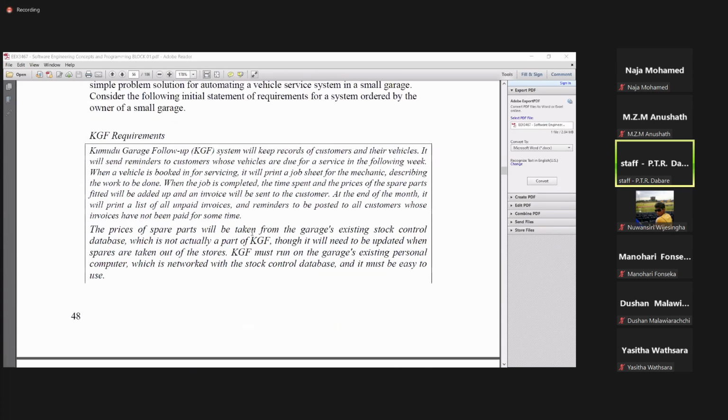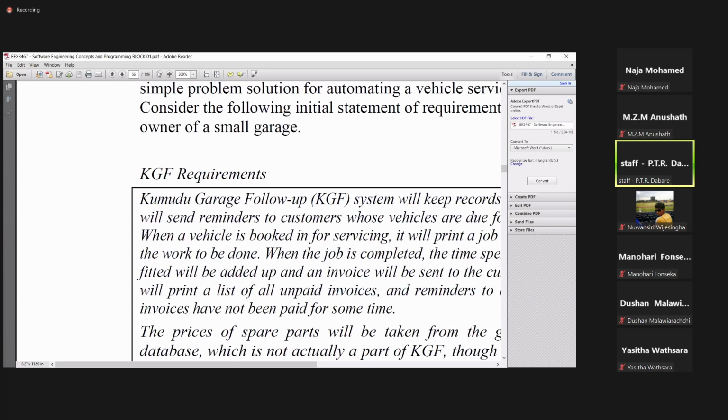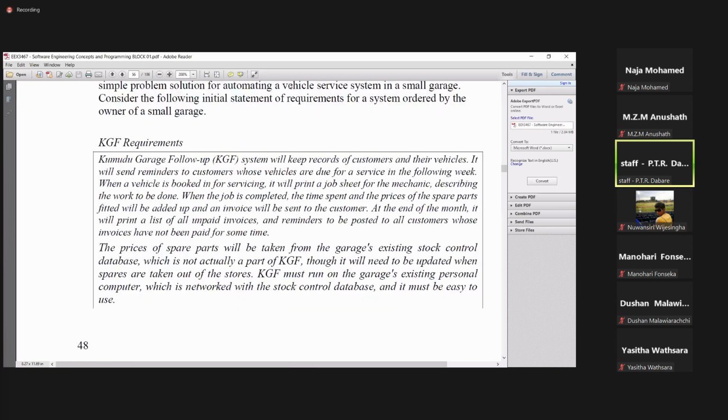In this one, it very clearly says what the requirements are. The system should send reminders. That's the first thing. When a vehicle is booked for servicing, it will print a job sheet. Second one. When the job is complete, the time spent and the price of spare parts will be added up into an invoice.